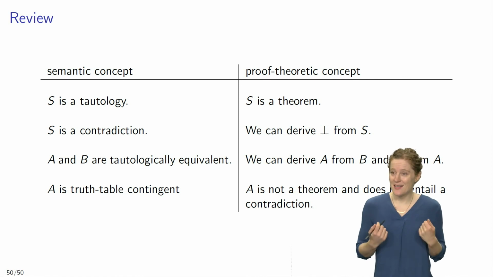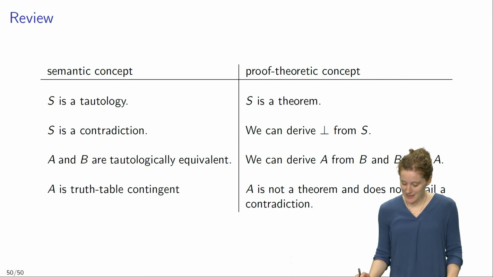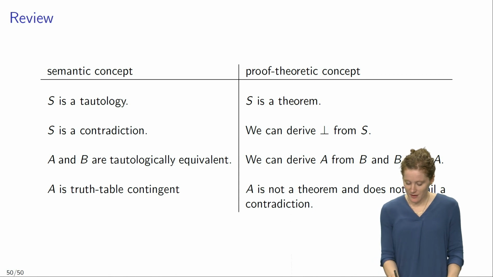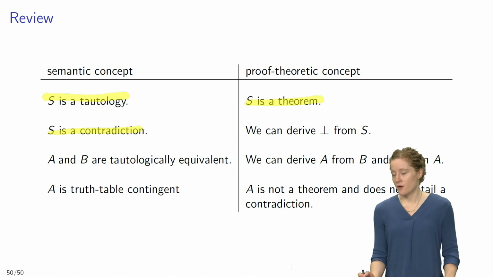So given that TFL is both sound and complete, a sentence S is a tautology if and only if S is a theorem. And S is a contradiction if and only if we can construct a proof of bottom, a contradiction, from sentence S used as premise.